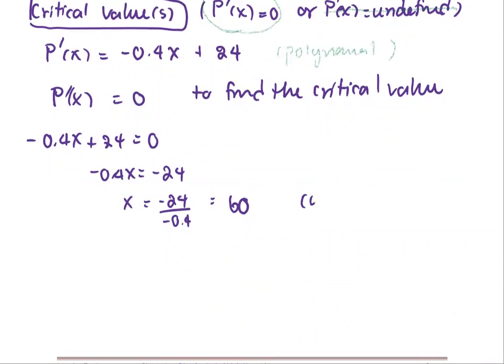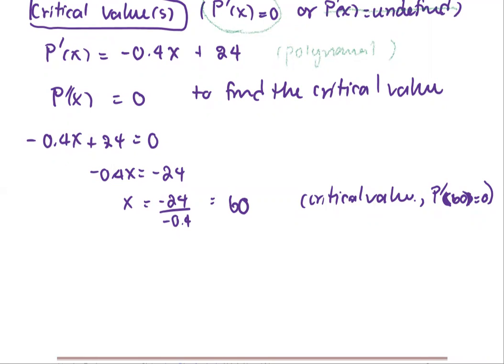This 60 is the critical value, where P prime at 60 equals 0. What does it mean? There is no change in profit if you produce 60 coffee makers. Now, with x equals 60, we're going to determine on what interval the profit is increasing and on what interval the profit is decreasing.